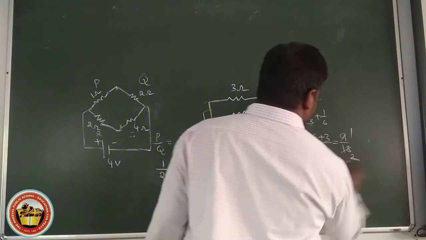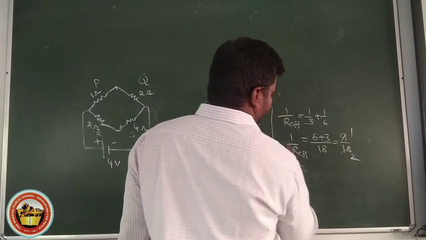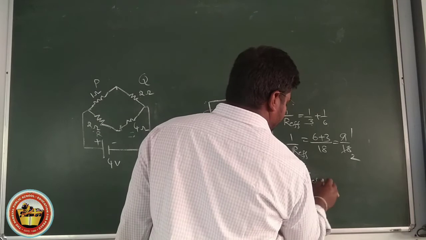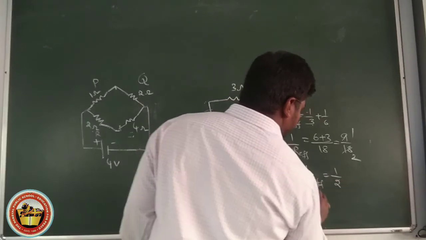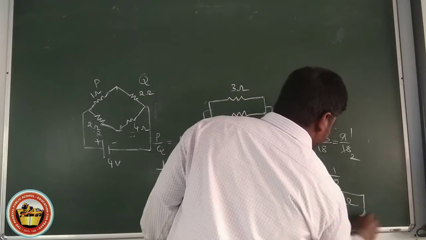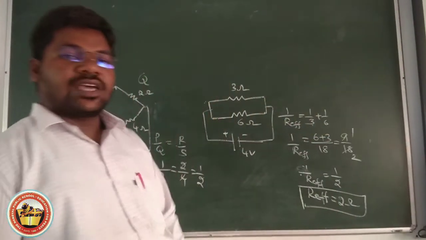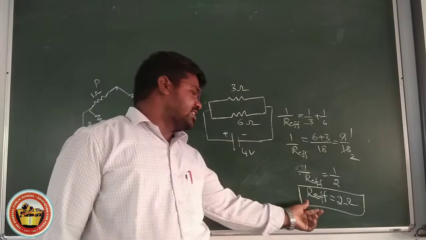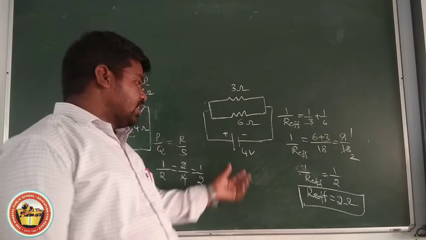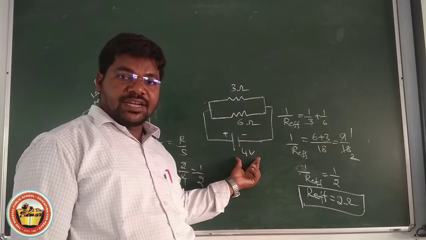So 1 by R effective is equal to 1 by 2, and R effective is equal to 2 ohms.